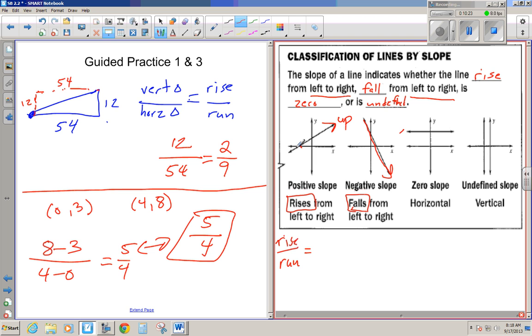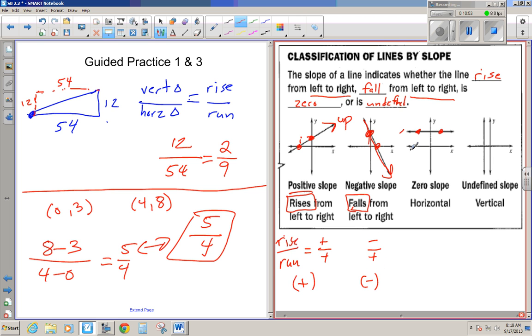If we started here and ended here, we would have a positive rise over a positive run, which gives us a positive slope. Here, if we went from this point to this point, you would need a negative rise over a positive run, which would give you an overall negative slope.